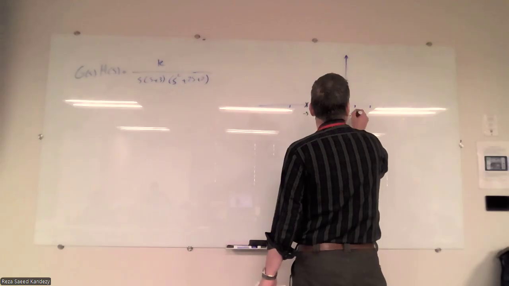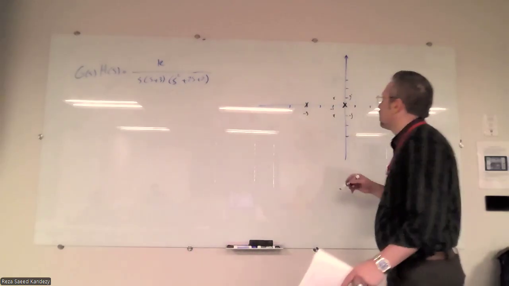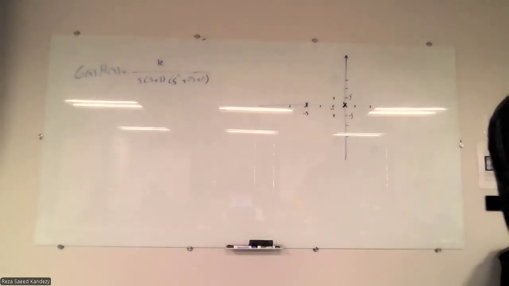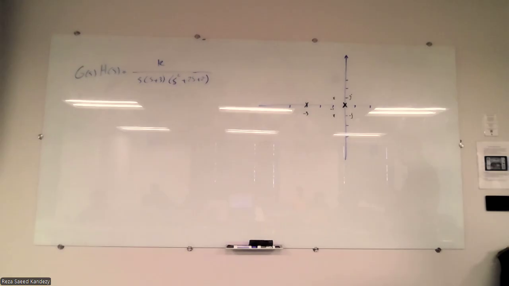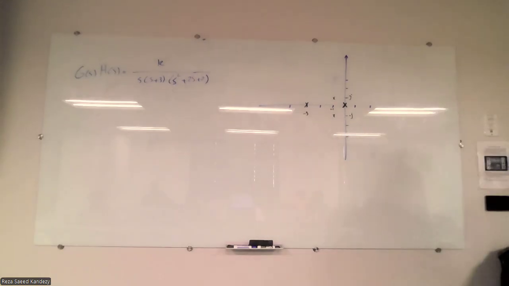So this is -1j. Are we good? So now we place our poles in our system. What was the next step?